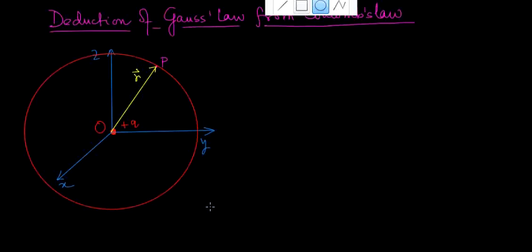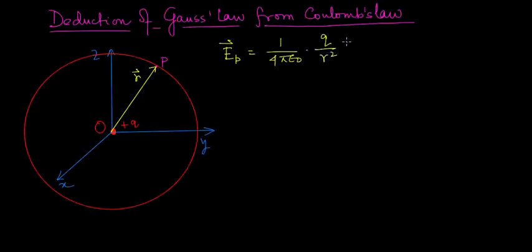Fine. Now what is Coulomb's law? At the point P, what is the electric field? So E at this point P, if I take it as a vector, will be 1 by 4 pi epsilon 0 q by r square times r cap.